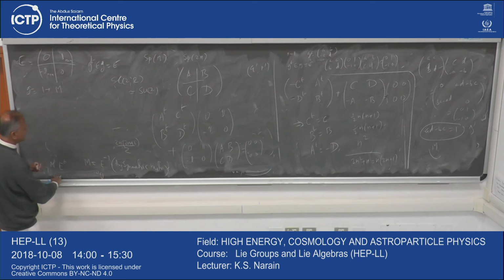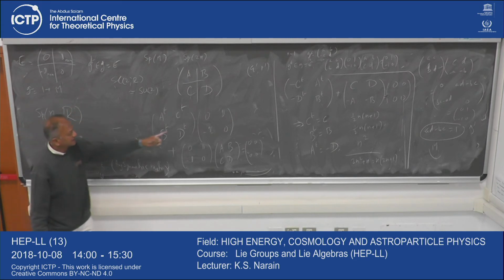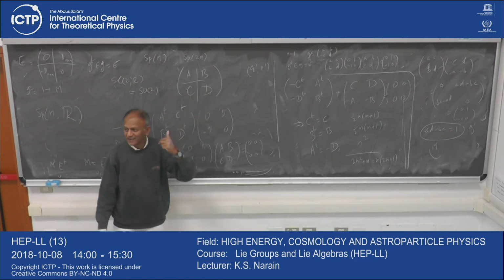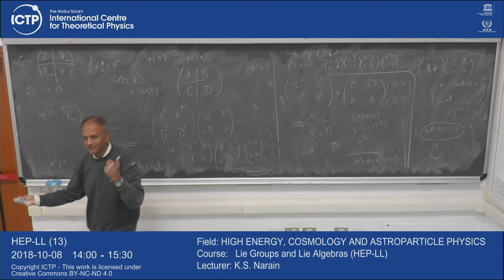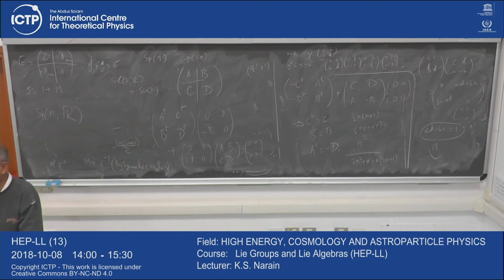So far we talked about SPN or SP2N, depending on your taste, over R, right? Because all these entries that were inside this G were real. In classical mechanics, of course, you would do that because all the Q's and P's are real. So obviously you're not going to make Q and P complex. That is clear. But you may imagine that instead of that, I take SP over the complex numbers.